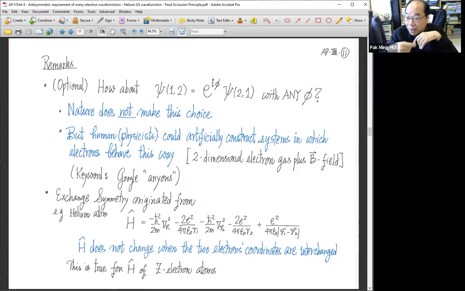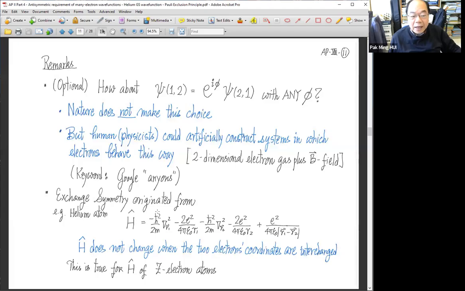You control the magnetic field, the flux, so-called, and then you can construct different values of phi, and they are called anyons. I think in Cantonese it's called 任意子. You can Google anyons, you can find a lot of fascinating things. But let me state one more time. Nature does not make this choice. At least we have not discovered that it makes this choice yet.